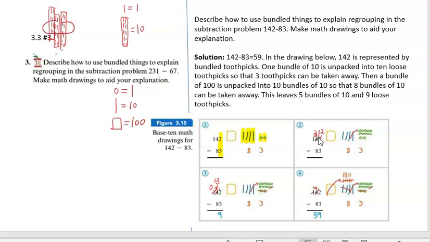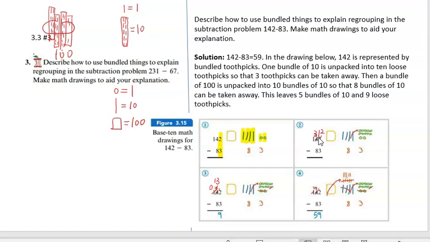So that's 100. We want to use one single, same object. We don't want to use a circle, toothpicks, and then a box, 3 different things, because it's going to be very difficult for them to understand.